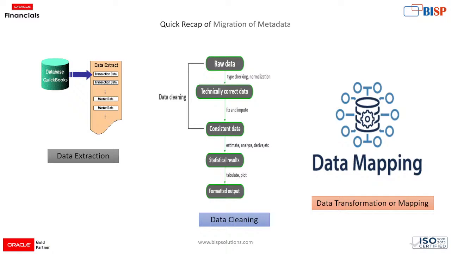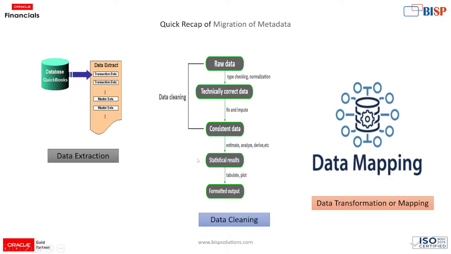So in the previous session, we went through the data extraction from the database, that is our source system, the QuickBooks system, and also the QuickBooks application, from where we extracted metadata and the transactional data. That is the extraction process, and then we cleaned the data.